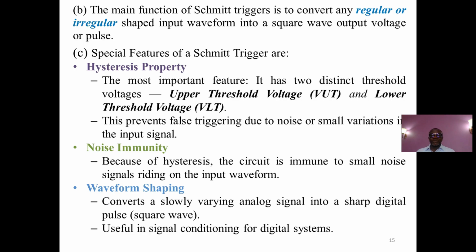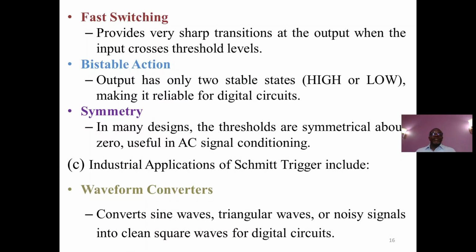Useful in signal conditioning for digital systems where you need fast switching, providing very sharp transition at the output when the input crosses any threshold level. And of course, it has this bistable action, high state or low state, and remains there unless toggled again. And it provides symmetry, which is highly needed in many digital designs.